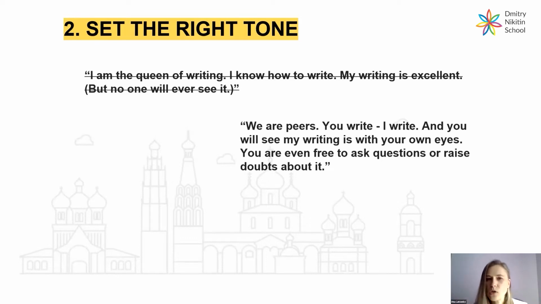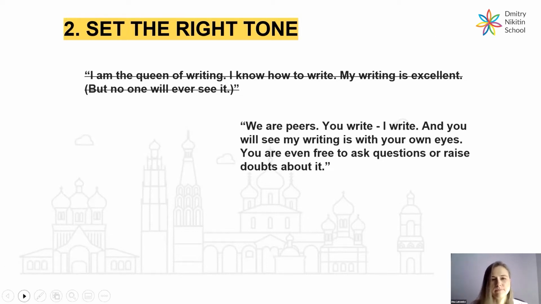The tone I want for my classes is, we are peers. You write, I write. You will see my writing with your own eyes. You are free to ask questions, to raise doubts about it. We are peers. We are together in this. This is the tone I want. Why? Because again, I firmly believe that this will make your students more likely to write.